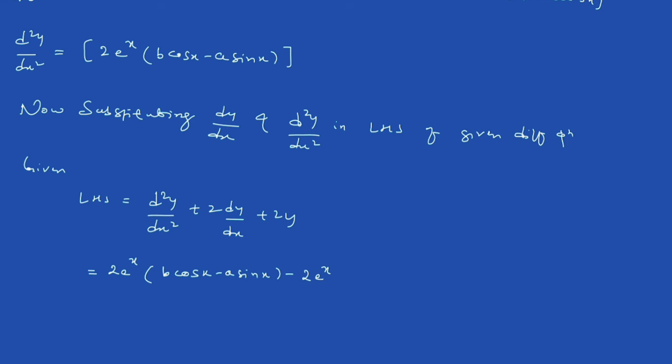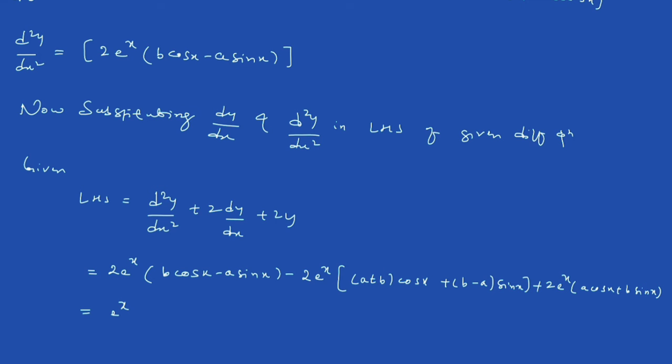If we take common outside, inside what we get here? (a plus b) cos x plus (b minus a) sin x. So plus 2y is there. So the value of y is e to the power of x (a cos x plus b sin x), right? So now e to the power of x common, take outside from all the three terms.